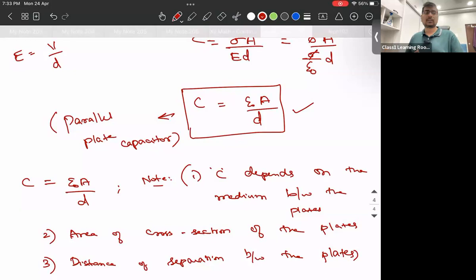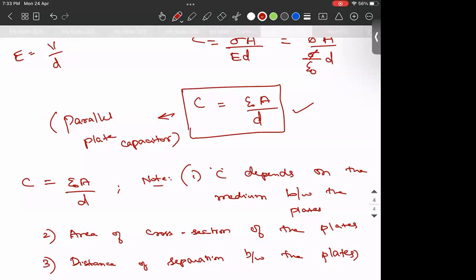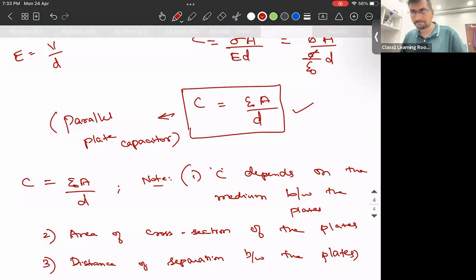The point clear, guys? Yes, sir. So it depends only on the geometry or potential of the conductors. Okay. So the next few concepts: capacitors in series, capacitors in parallel, and then we need to understand what happens when a capacitor is filled with dielectric and is not filled with dielectric.